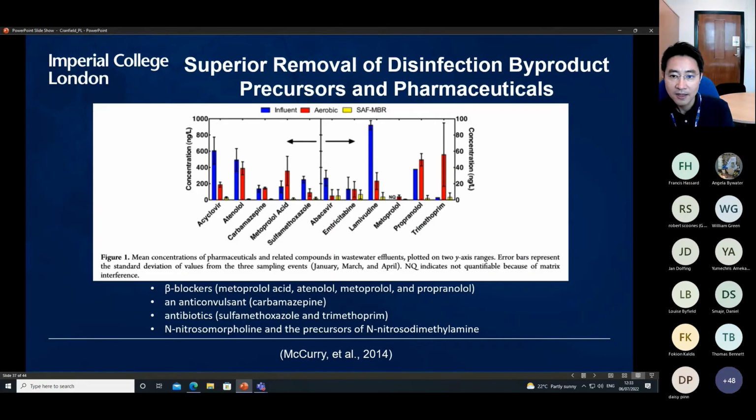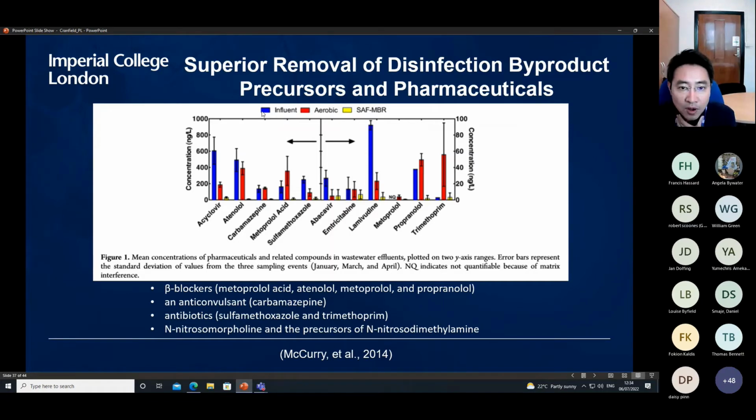Okay. And I also want to share with you some really interesting results we found. It was also with Korean samples, where we did a head-to-head comparison with an activated sludge system. So we are talking about this pilot scale. The yellow one is the pilot scale system, and we look at different disinfection byproducts and pharmaceuticals.